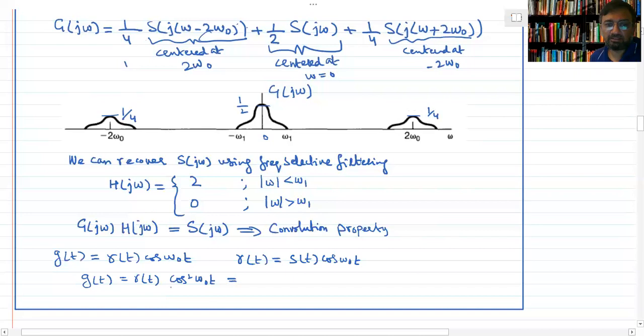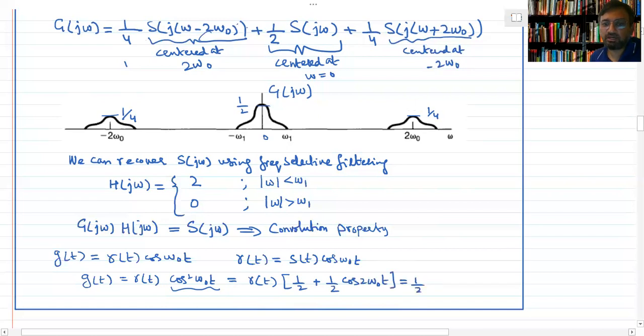If we apply a trigonometric identity on cos square omega naught t, we get 1/2 plus 1/2 cos 2 omega naught t.